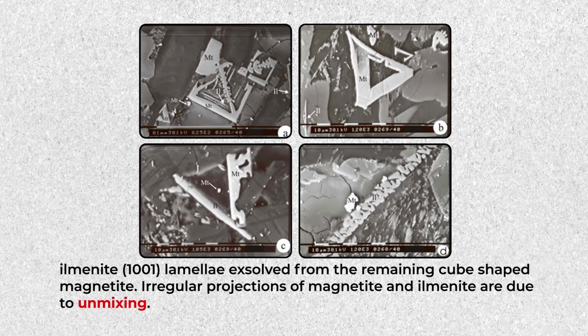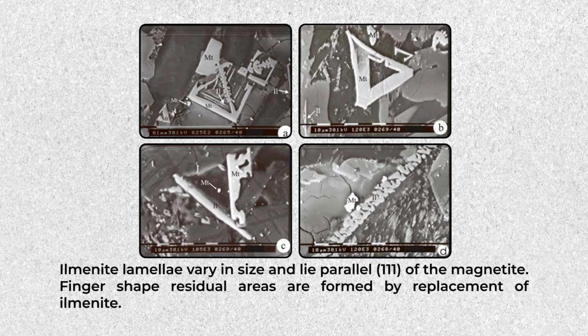Ilmenite 001 lamellae exsolved from the remaining cube-shaped magnetite. Irregular projections of magnetite and ilmenite are due to unmixing. Ilmenite lamellae vary in size and lie parallel to the 111 plane of the magnetite. Figure-shaped residual areas are formed by replacement of ilmenite.